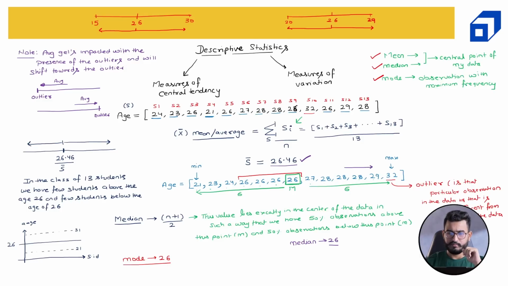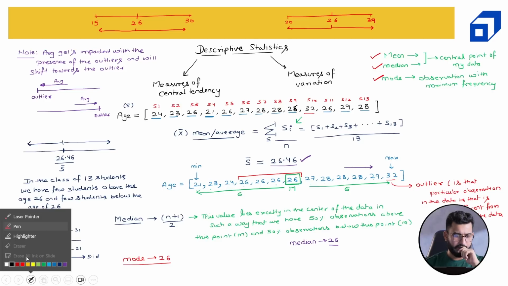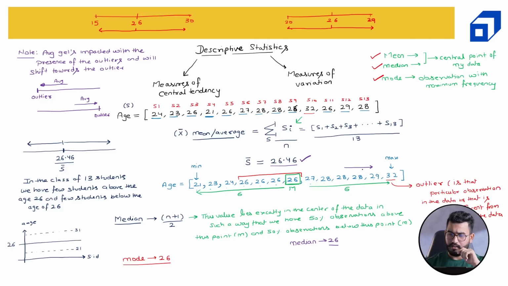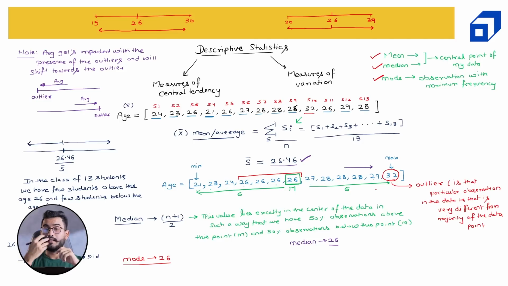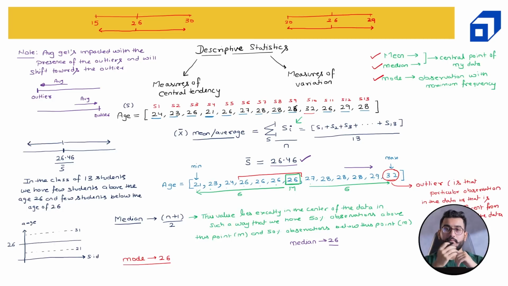Over here, I have told you that in this particular series, where we have the age, 32 is considered as an outlier. And what is an outlier? An outlier is that observation which is very different from the majority of the data. Now there is one particular topic which is known as the leveraging point or leveraging data point.